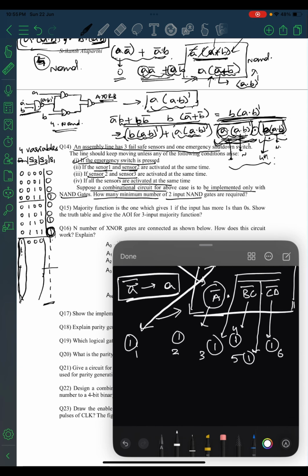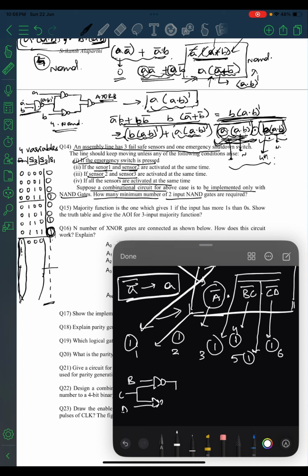Now if you want to make this in the form of logical gates, that becomes like this. Here C is separating, right? And this is B, and there is a NAND. This is D, and C is for both of these values.